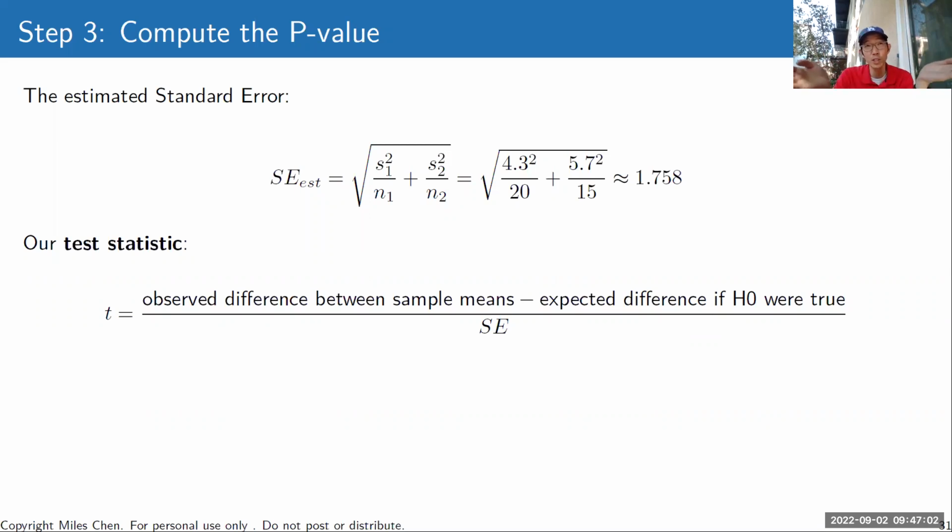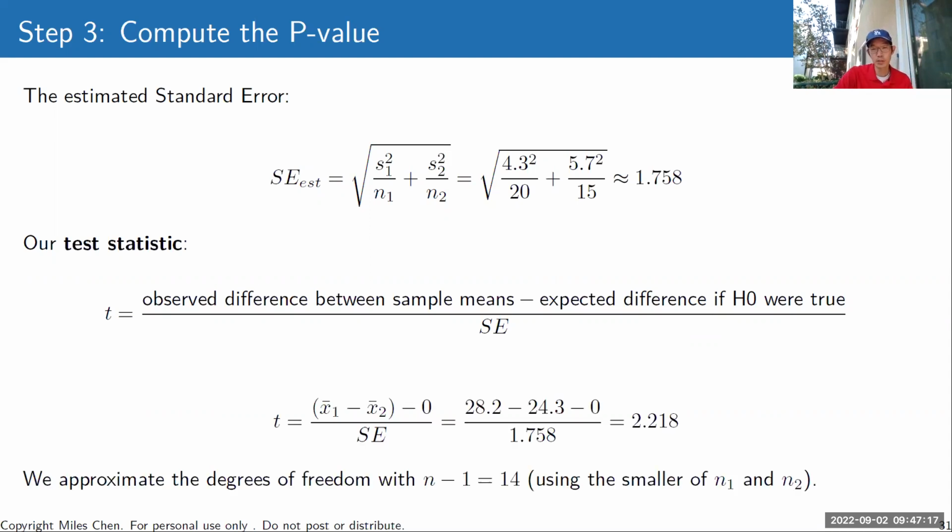Of course, because of random chance, we don't expect it to be exactly 0, but we would expect the differences to be around 0. And we got a difference of 3.9. So the question is, is it significantly different? So we compare that to our standard error. In the numerator, I have 3.9, and then I'm going to divide by my standard error of 1.758. And so I get a t of 2.218.